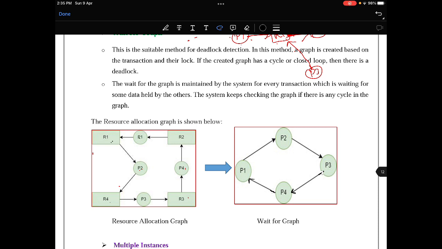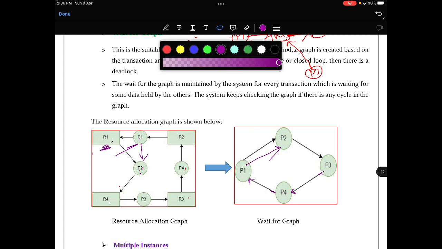R1 is allocated to P2. It means P1 is dependent on P2. When P2 releases this resource, then only P1 can execute. So in this case, we will draw an arrow from P1 to P2.